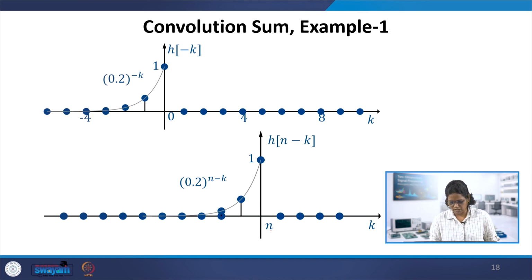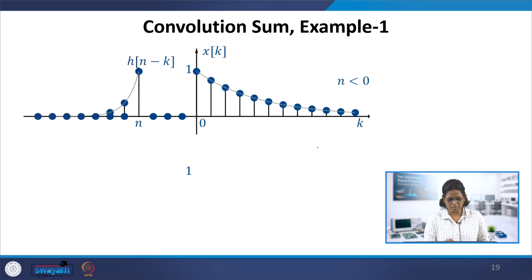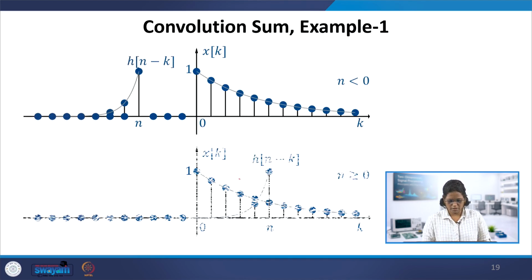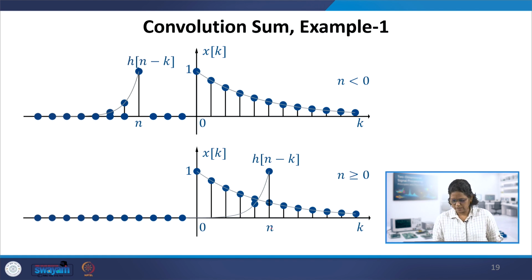Whatever this n value is, n can be less than 0 or greater than 0, and accordingly h of n minus k would be placed by shifting plus n, and we find the common area between x of k and h of n minus k and sum the values. So we would find the values for n greater than or equal to 0.